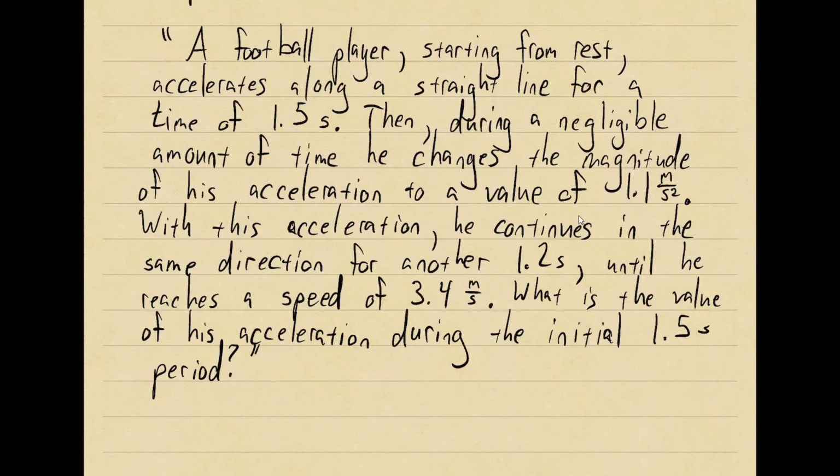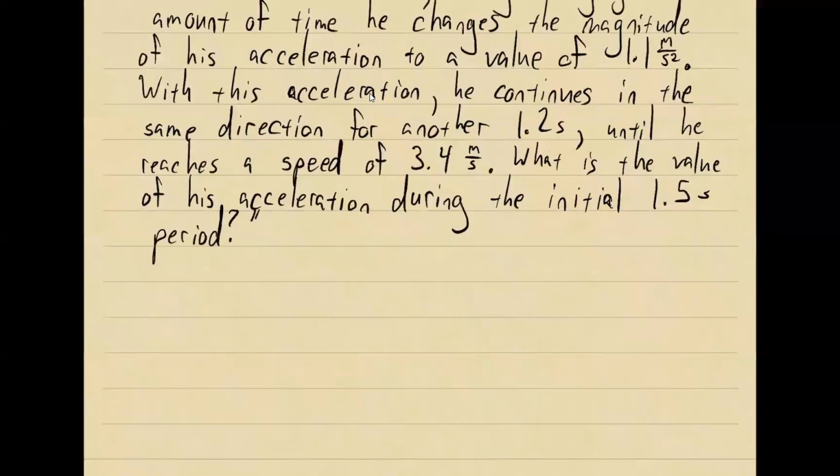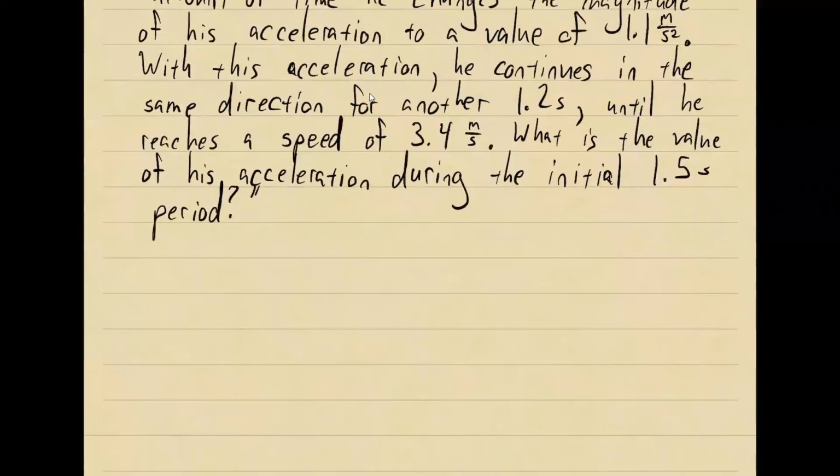So then the problem says that with this acceleration, he continues in the same direction for another 1.2 seconds until he achieves a final speed of 3.4 meters per second. And the question is asking, well, we know what his acceleration is during the second half of the problem, but what is his acceleration during the first half? So start with, let's draw a picture.